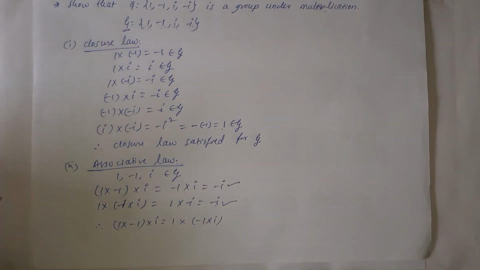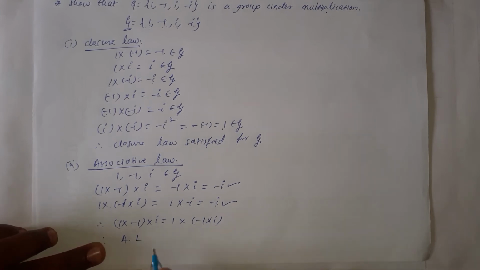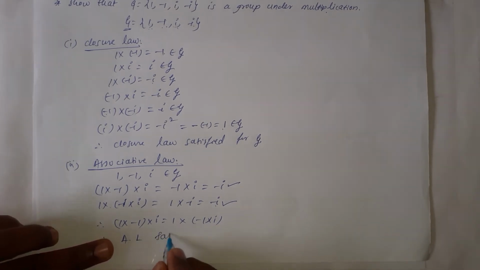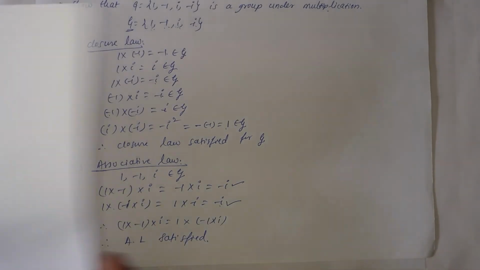That you can easily verify. Therefore, we can consider that the associative law is satisfied for the set G.